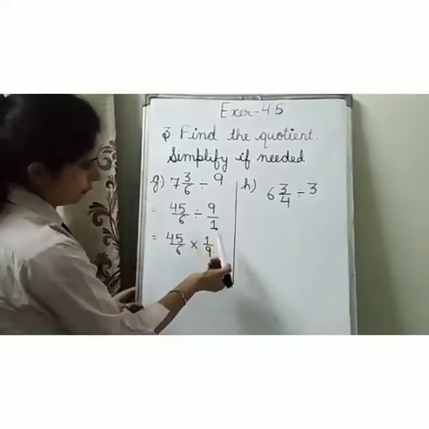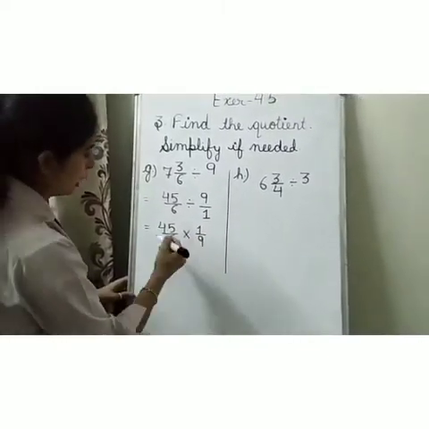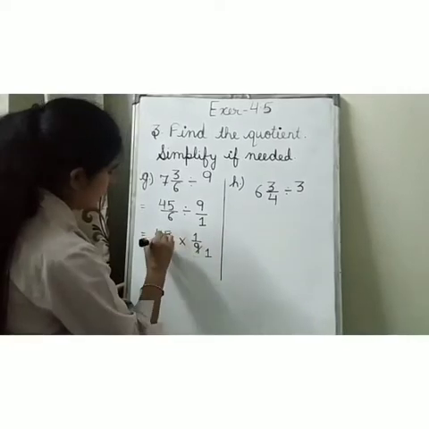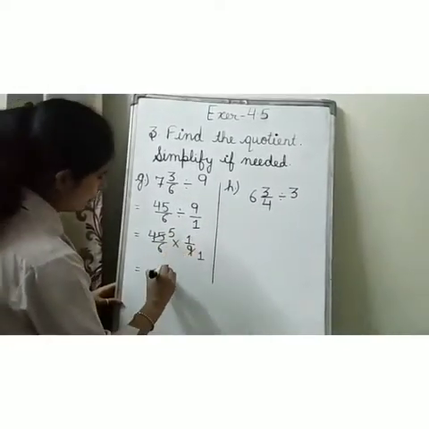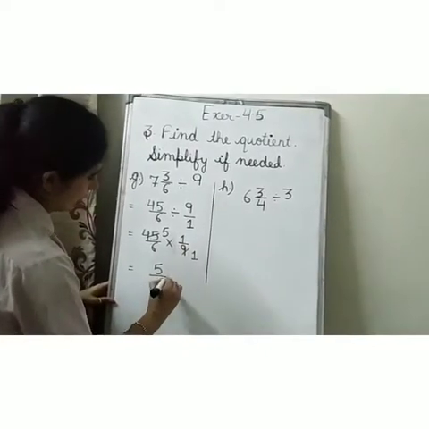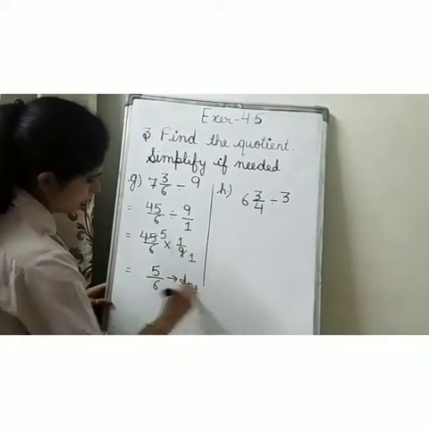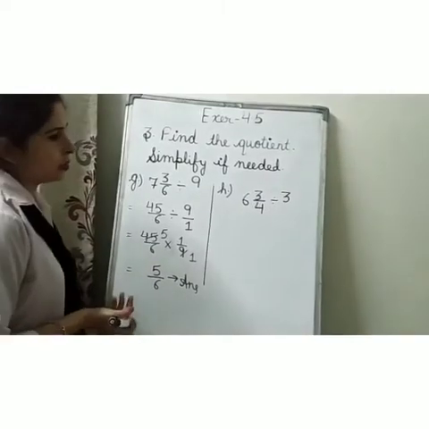Multiplicative inverse of 9 over 1 is 1 over 9. Now do the cutting. 9 ones are 9, 9 fives are 45. No more cuttings. 5 ones are 5, 6 ones are 6. This is a proper fraction. So this is the answer only.